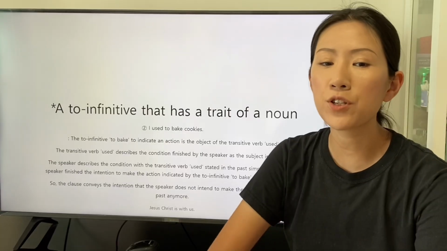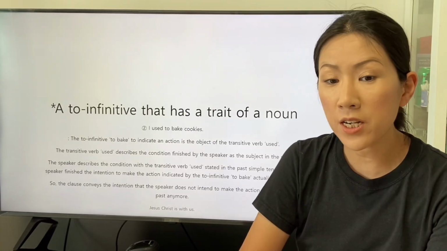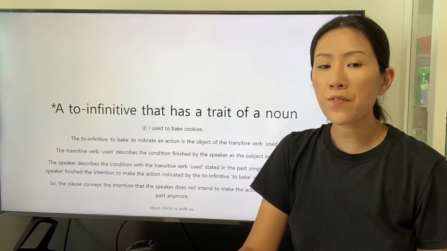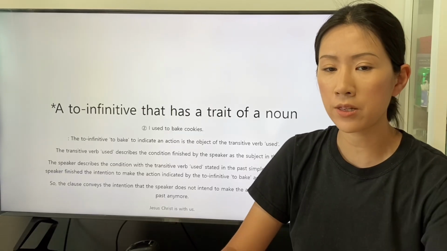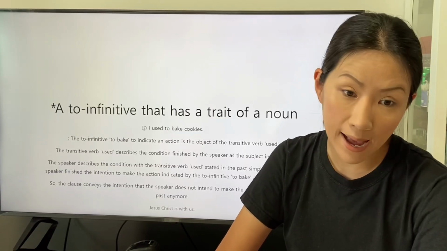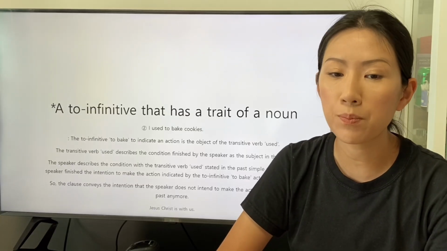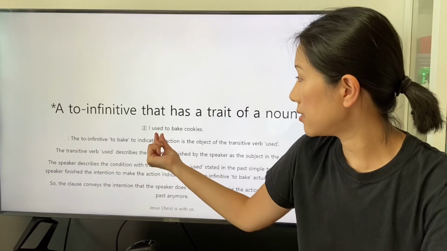The to-infinitive to bake, to indicate an action, is the object of the transitive verb used. The transitive verb used describes the condition finished by the speaker as the subject in the past. The speaker describes the condition with the transitive verb used stated in the past simple tense.